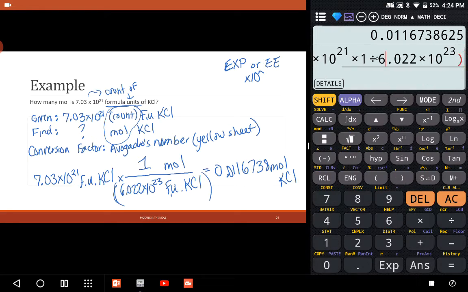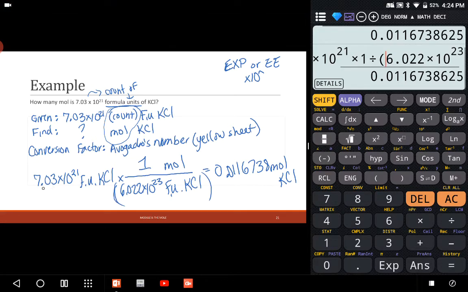And so we need to communicate with your calculator that that's in the denominator. And by doing parentheses, we can communicate to our calculators that both of those are in the denominator. And again, we get that same answer.